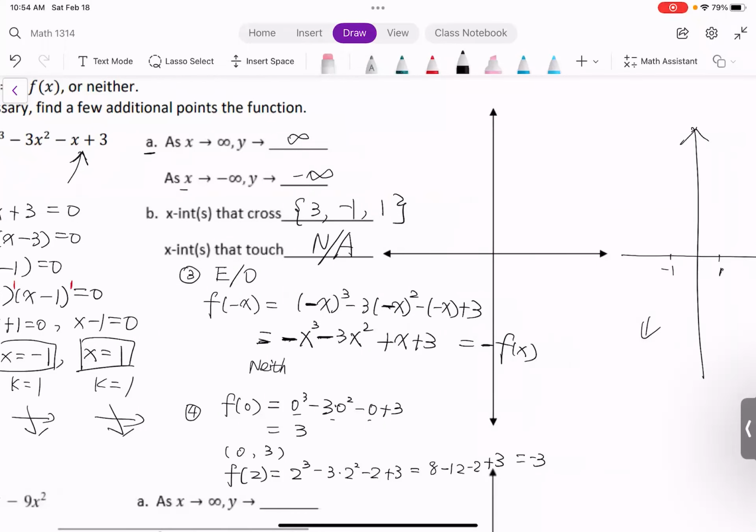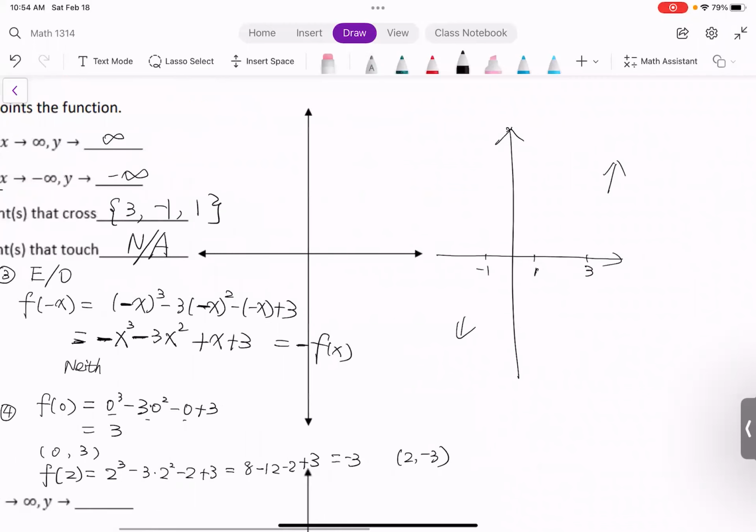The second key point is 2, -3. Then plot them on the graph: the point 0, 3 is here, and the point 2, -3 is here. Then we connect all the points, and we have the graph like this.